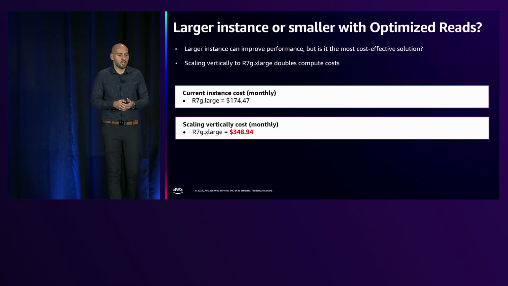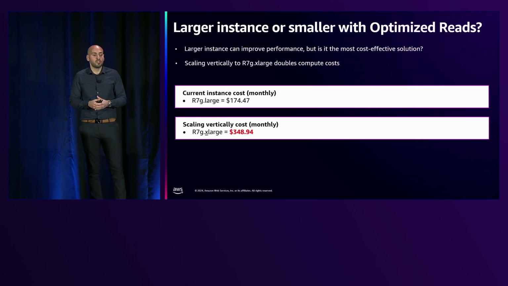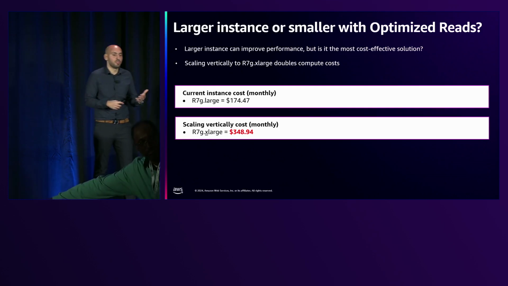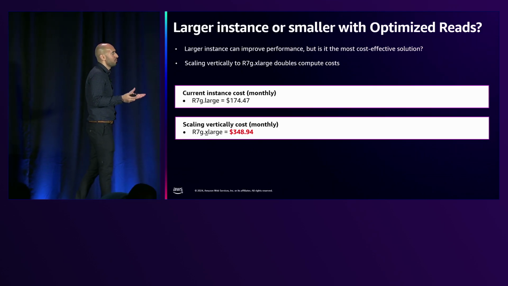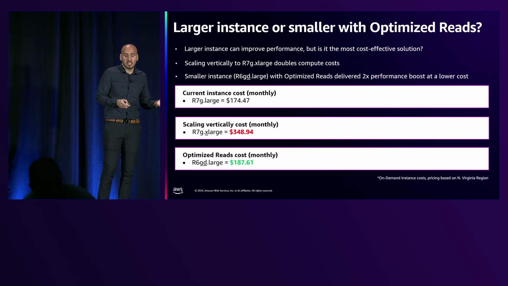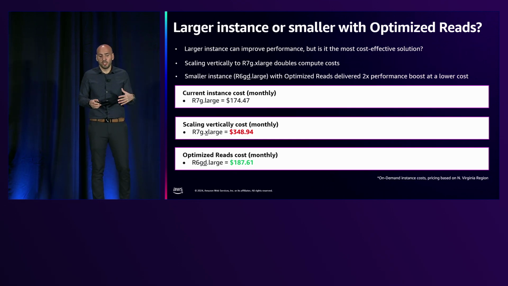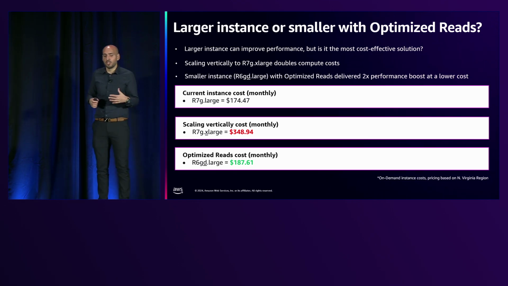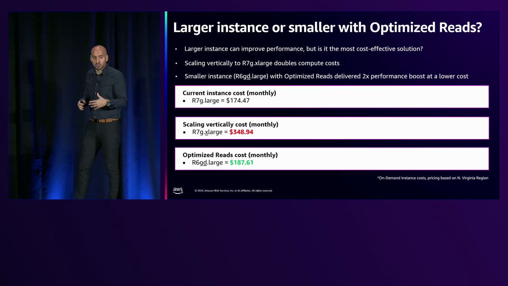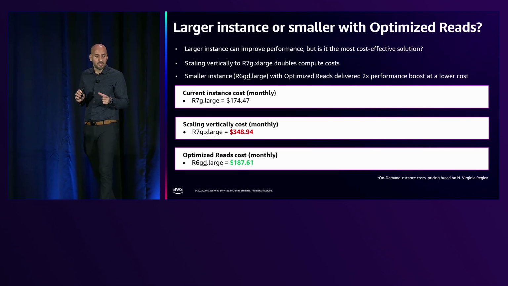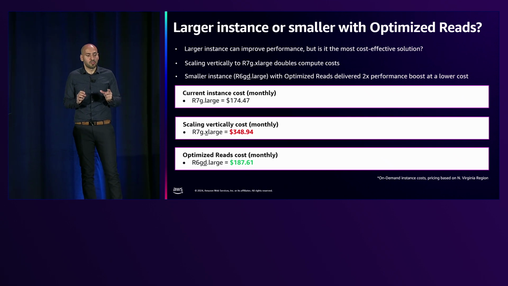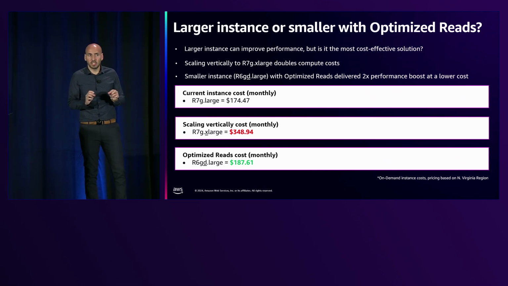So we can see here a cost example. Any company could have chosen to scale vertically and move to R7G extra large for their read replica, and that would double the compute costs. However, they decided to use optimized reads with the latest Graviton generation that currently supports optimized reads, which is R6GD, and with a smaller instance type, R6GD large, and that provided them the performance they needed.